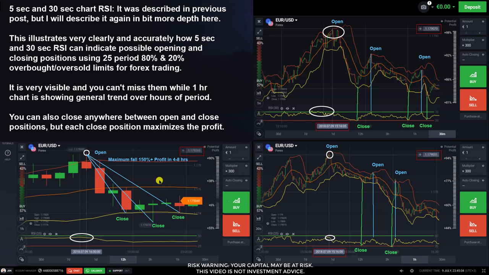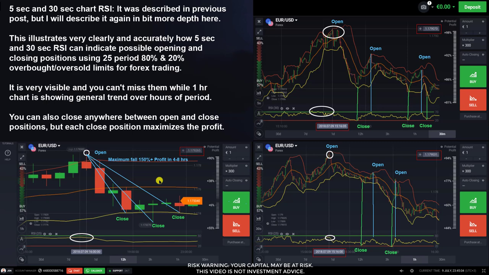It depends on how the chart moves. Sometimes I just close it in even less than 2 minutes. Almost the same as a binary option, because especially on the 5-second chart, if volatility is high, it can move from the top limit to the bottom limit in less than a minute or two.